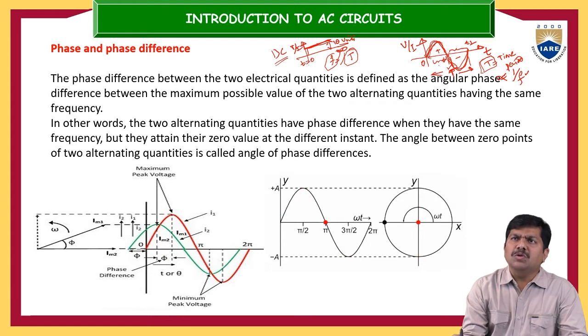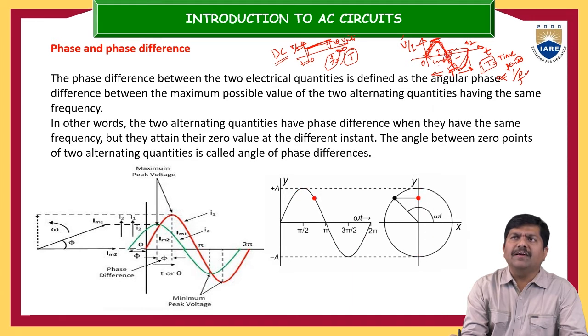From t equal to 0 onwards, if you are analyzing the waveform, let us assume it is a voltage quantity. As time increases, the voltage increases sinusoidally, reaching a maximum value. If you increase the time further, the quantity decreases.